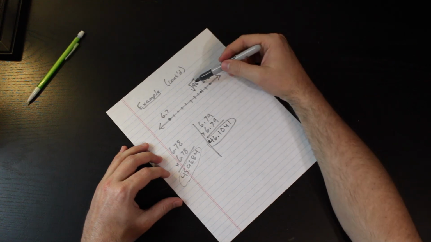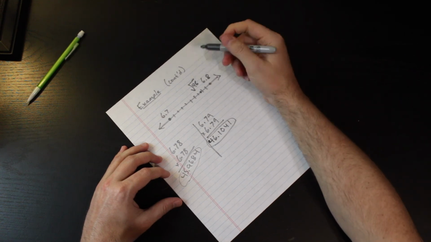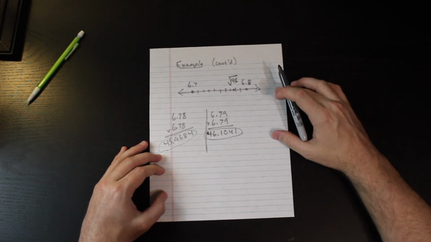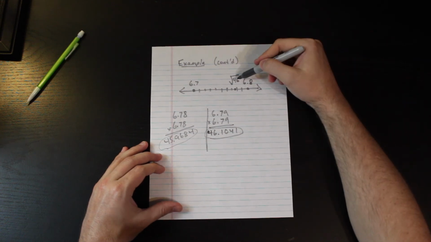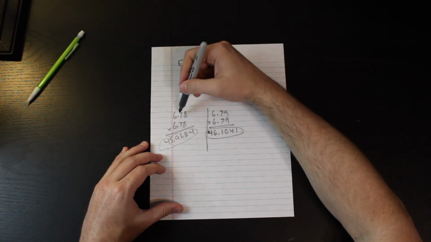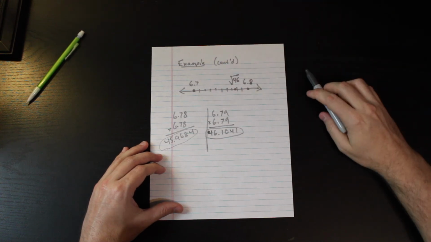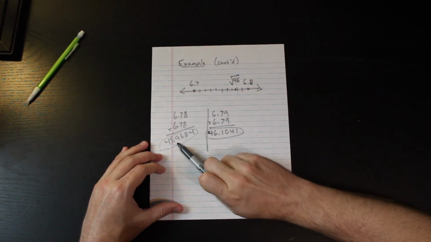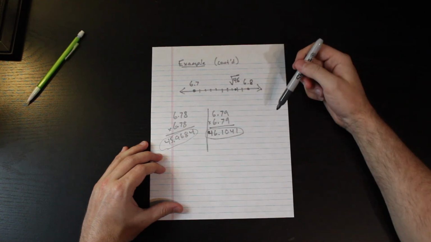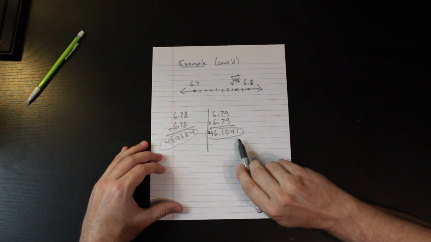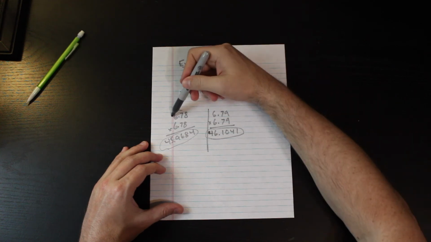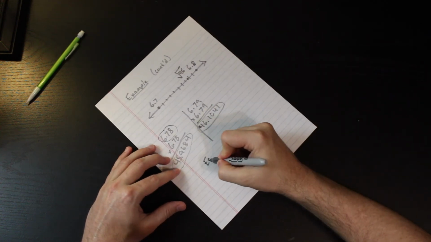That number is larger than 46. So now we know that the square root of 46 is between 6.78 and 6.79. And since 46 is closer to 45.9684 than to 46.1041, 6.78 would be my estimate.